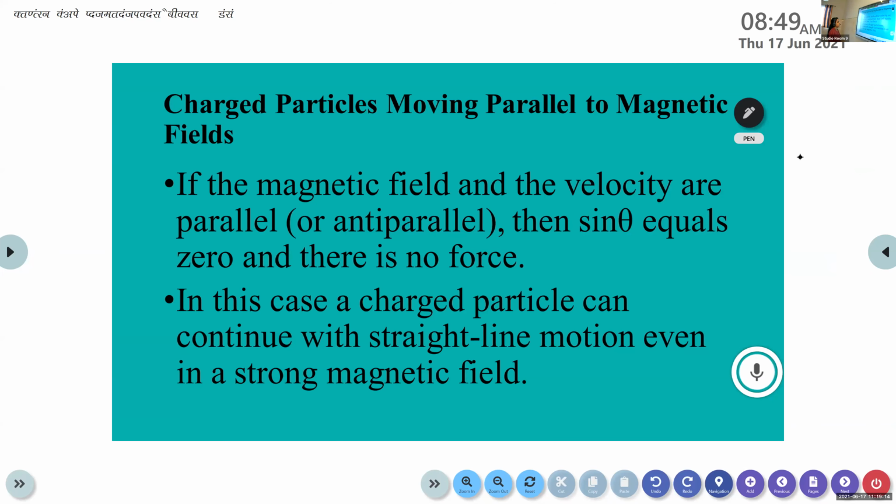If the magnetic field and the velocity are parallel, then sine theta is equal to 0 and there is no force. In this case, a charge particle can continue with a straight line motion even in the presence of a strong magnetic field.